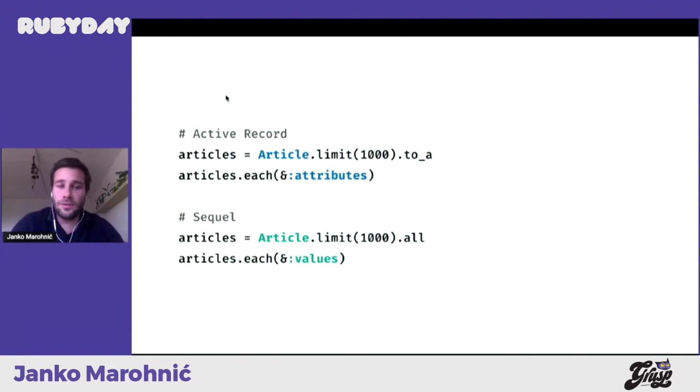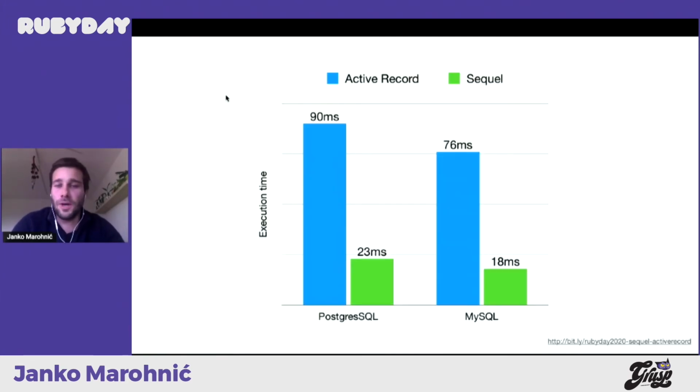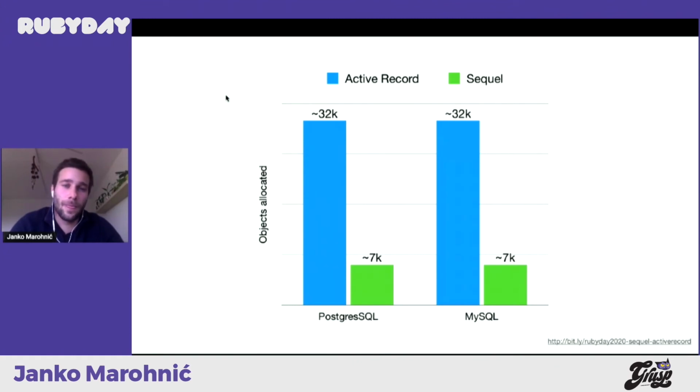However, I would say that ActiveRecord is maybe cheating a bit in this benchmark, which we will see if we actually load the attributes or the column values from the model instances. When we rerun the same benchmark, we'll see that ActiveRecord now takes quite a bit longer than it did before, and it also allocates significantly more objects.